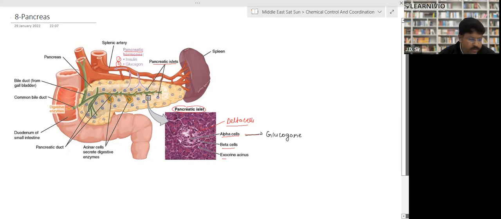Beta cells secrete insulin. And delta cells secrete a hormone called somatostatin. Please note it down. Alpha, beta, and delta.